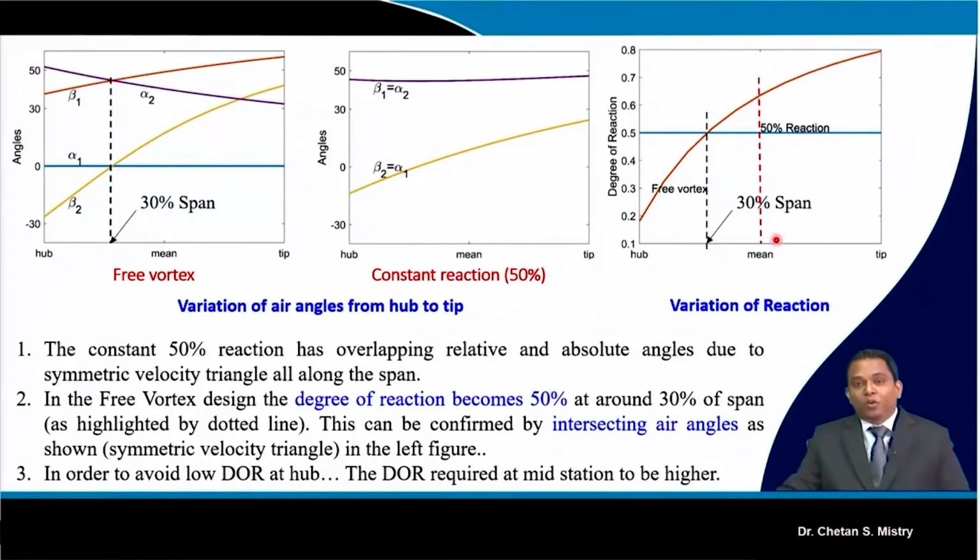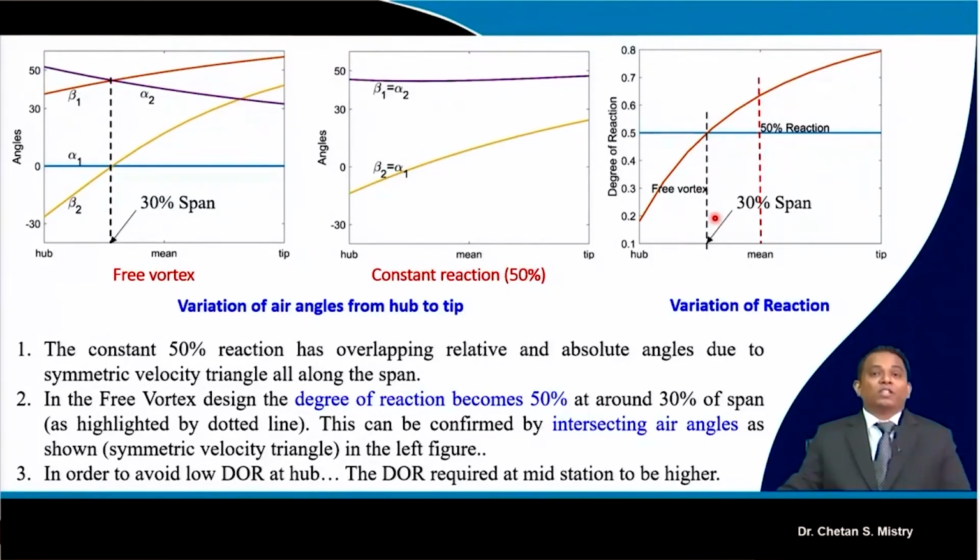If you compare these two, at the mid section for free vortex my degree of reaction is coming large, maybe around 0.65. That is the reason why near the hub region our degree of reaction is coming lower, maybe around 0.18. If you compare both design approaches, for free vortex design, approximately at 30% span, your degree of reaction is coming 0.5.